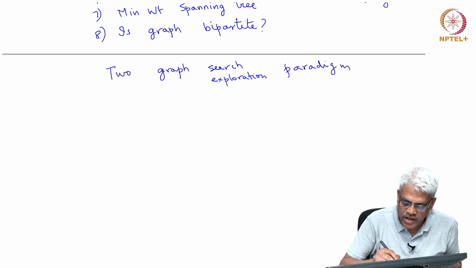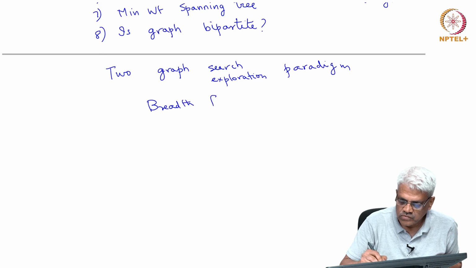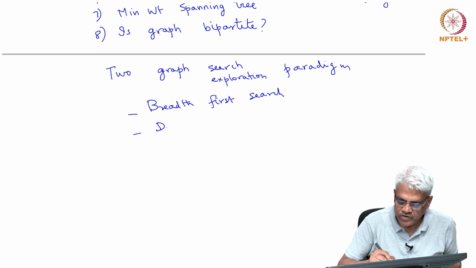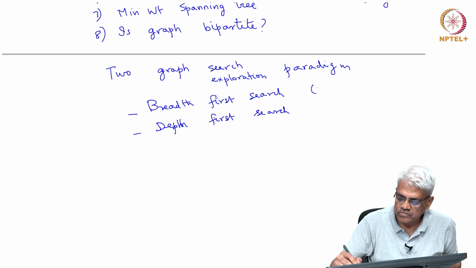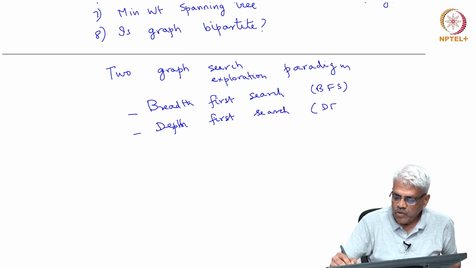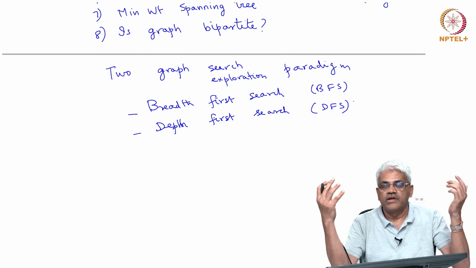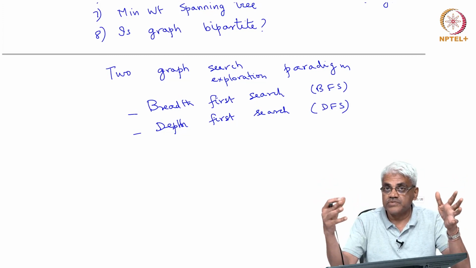One is called breadth first search, and the other is depth first search. Very important and fundamental algorithmic search paradigms on graphs.